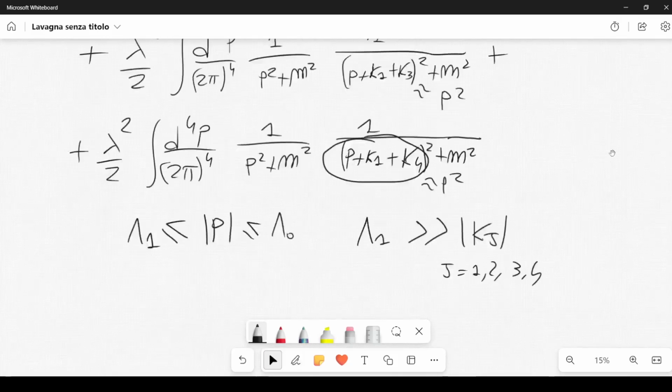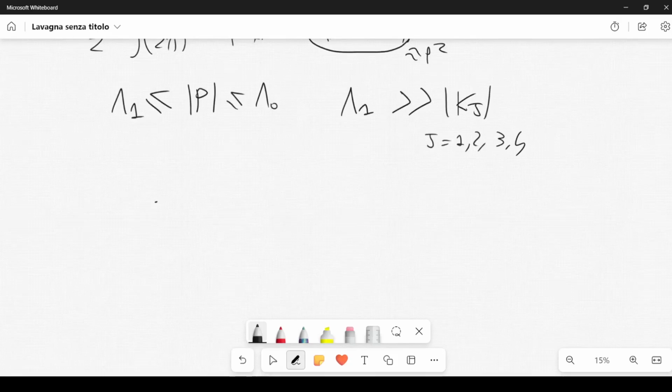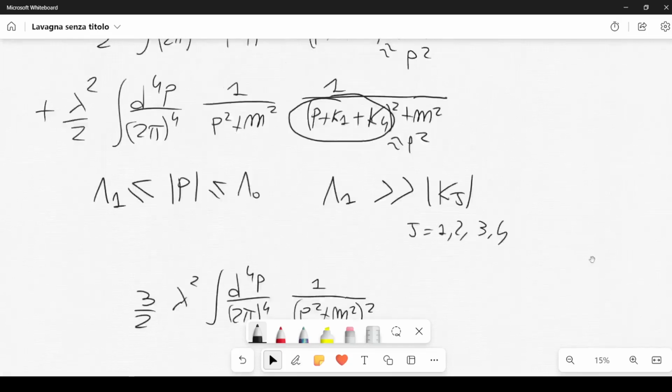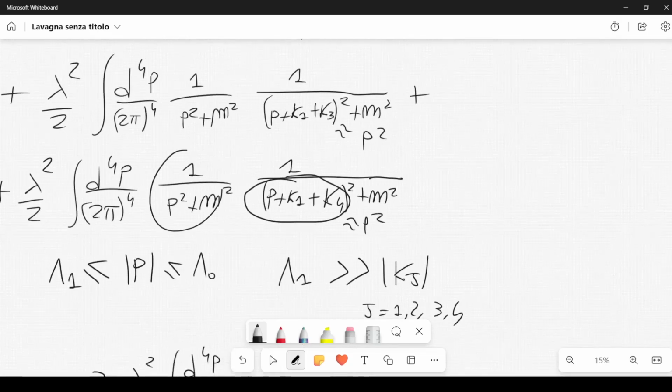So basically we get the same contribution, which is 3/2 λ² integral d^4p over (2π)^4, 1 over p² + m², and this will be squared, right, because these two factors are the same in all the three integrals.